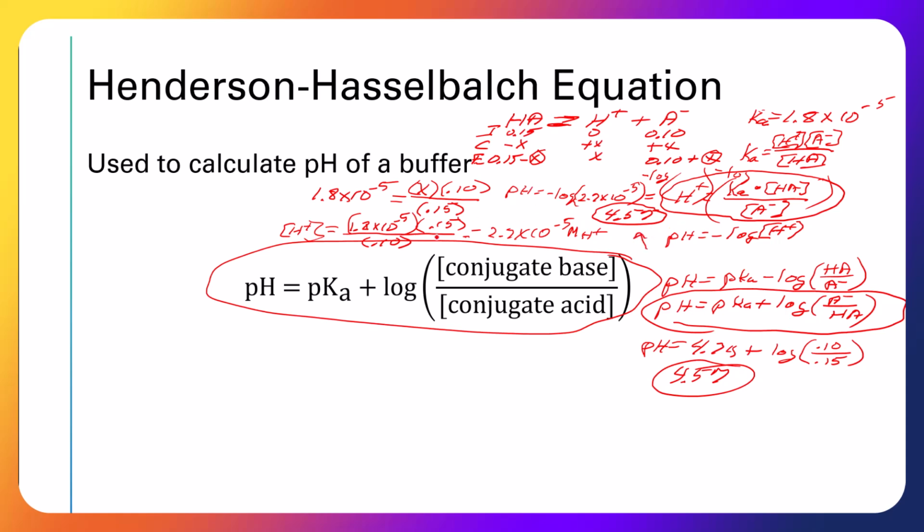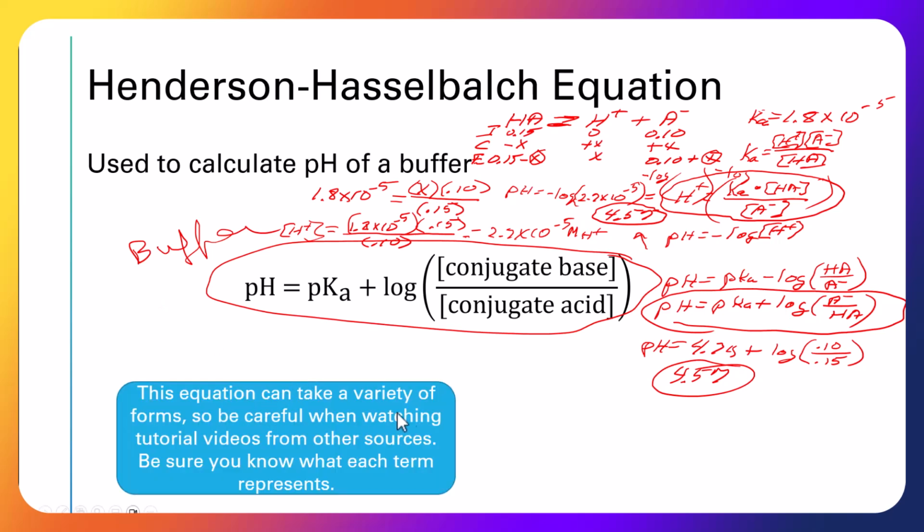Now, the ice table works just fine. It just takes longer. Now, I want to keep this in mind. You can only use Henderson-Hasselbalch for a buffer. Doesn't work for a weak acid or a weak base ionization. It has to be a buffer where you have substantial concentrations of both weak base and weak acid.